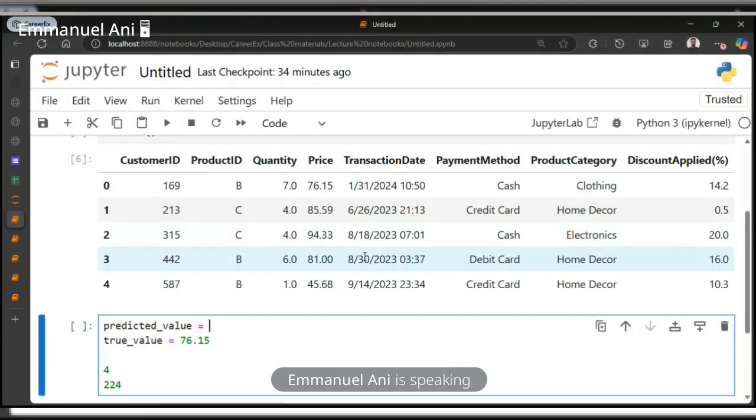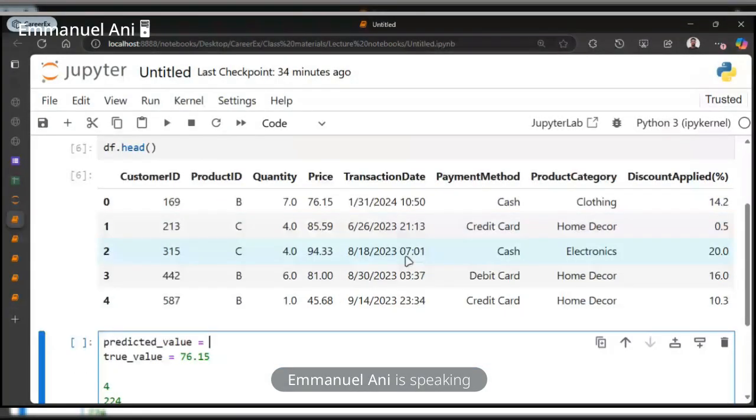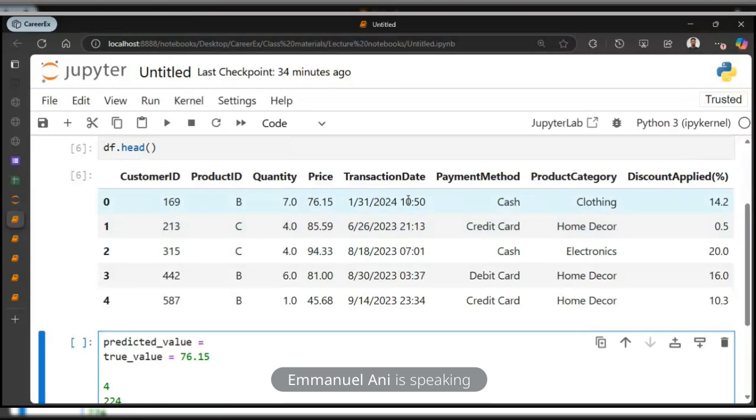You assess each of the variables to be sure that they have meaning, that they can actually influence your target variable. In this case, normally you should know that customer ID doesn't have any influence on the price. Regardless of your customer ID, it won't affect the price. So you can just drop customer ID.